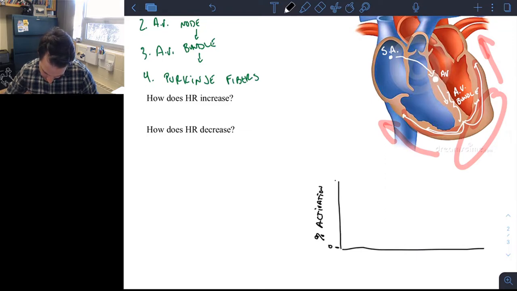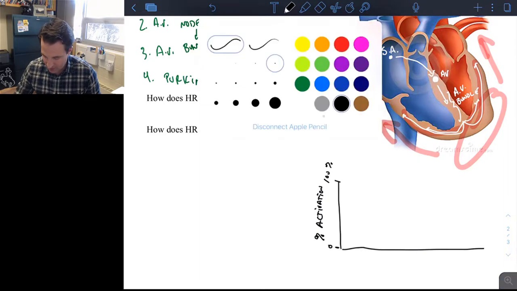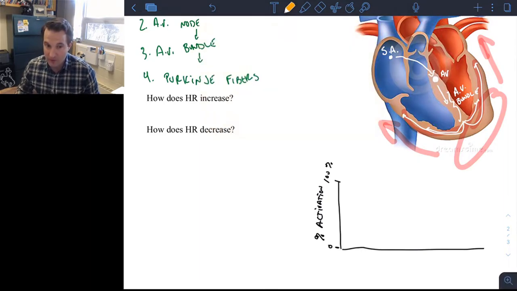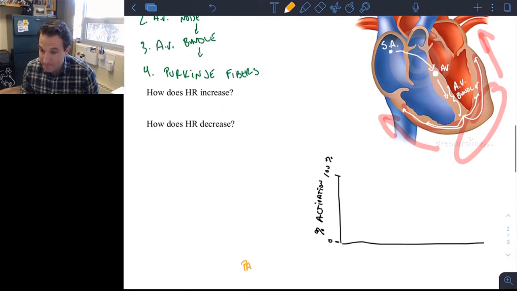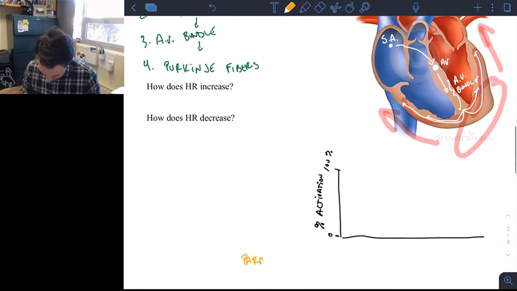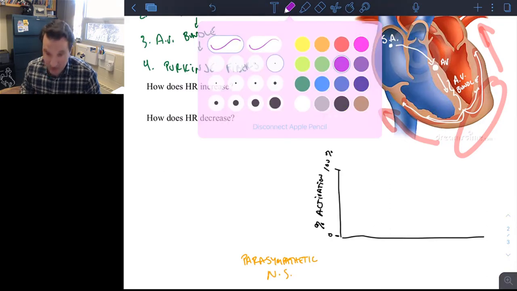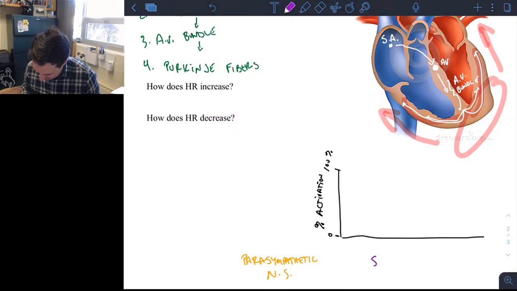This will be 0, and this will be 100%. And when we're talking about heart rate regulation overall, we're going to be referring to our parasympathetic nervous system and our sympathetic nervous system.